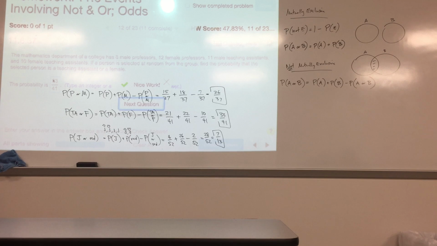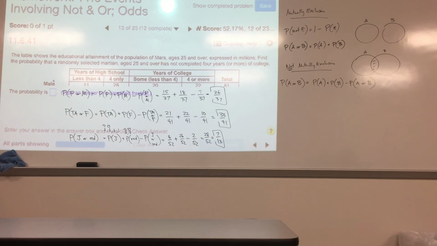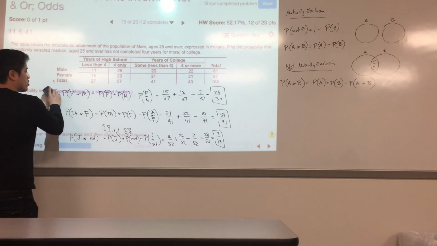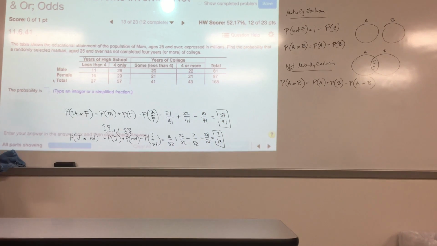Make sense, guys? Any questions about that at all? Okay, lovely, very good. Okay, let's take a look at this one. You want to be able to read a chart here. So now we kind of change things up just a bit, but we're still dealing with the same concepts. Okay, I leave these up because it's the same concept. Let's take a look here.